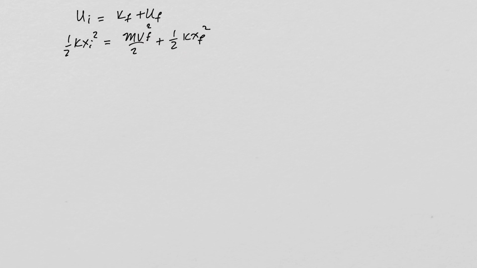I'm looking for the velocity at the final position of 0.08 meters from the relaxed, or equilibrium, position of the spring. So we get the kinetic energy m v final squared over 2 is equal to 1/2 k x initial squared minus 1/2 k x final squared.